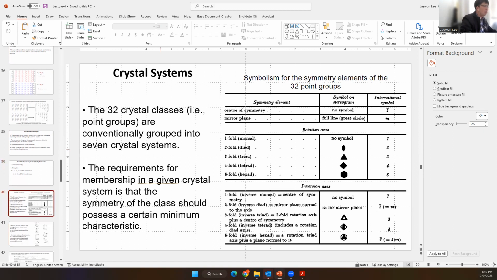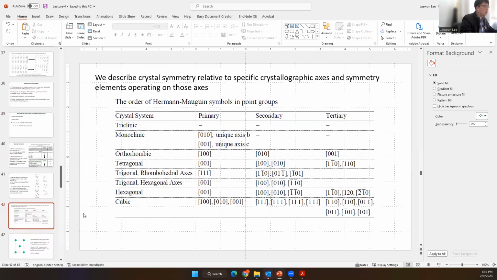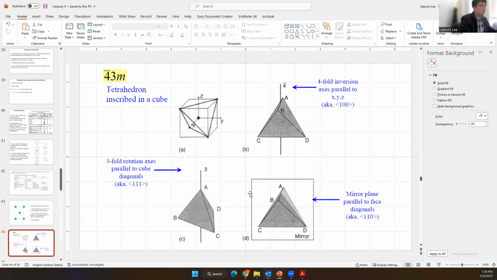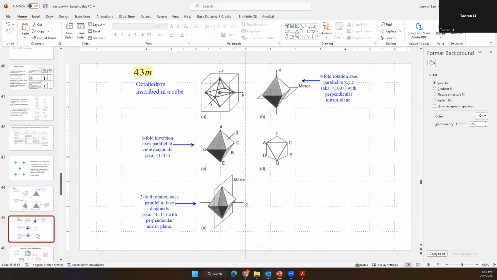You are not familiar with it, right? Okay, I will make recording files to explain the mirror index and crystal symmetries.